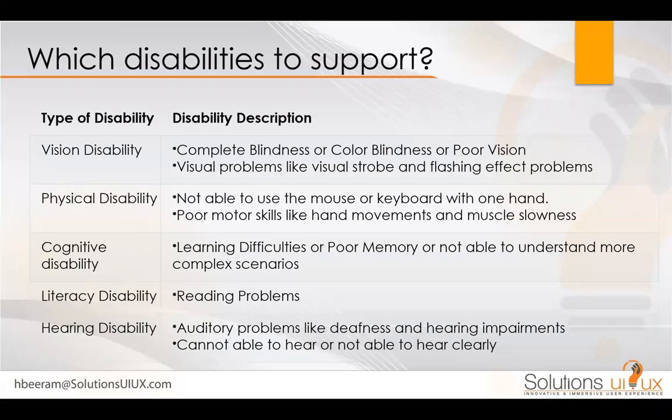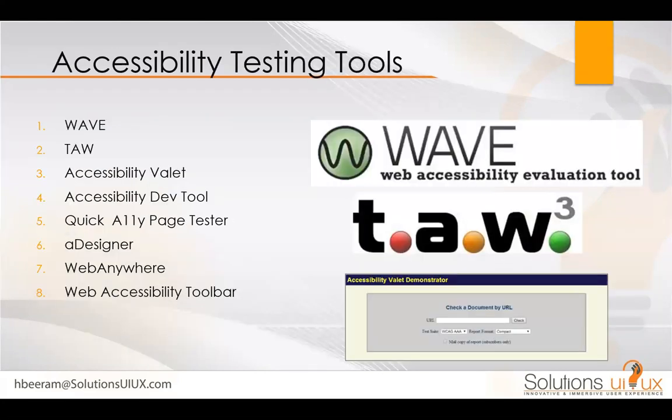Which types of disabilities to support? Vision, physical, cognitive, literacy, almost all of the disabilities can be supported. Once you have designed and developed it, there are lots of tools that can help you evaluate the accessibility, like WAVE, TAW, and the accessibility toolbar.